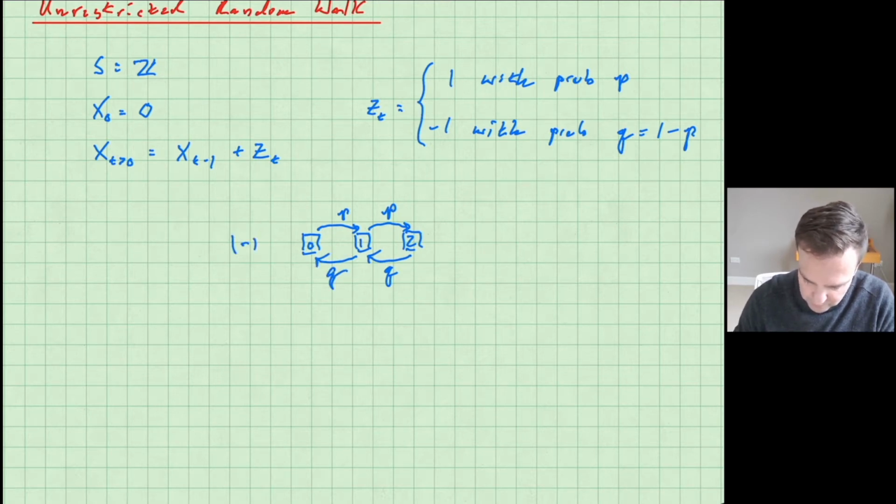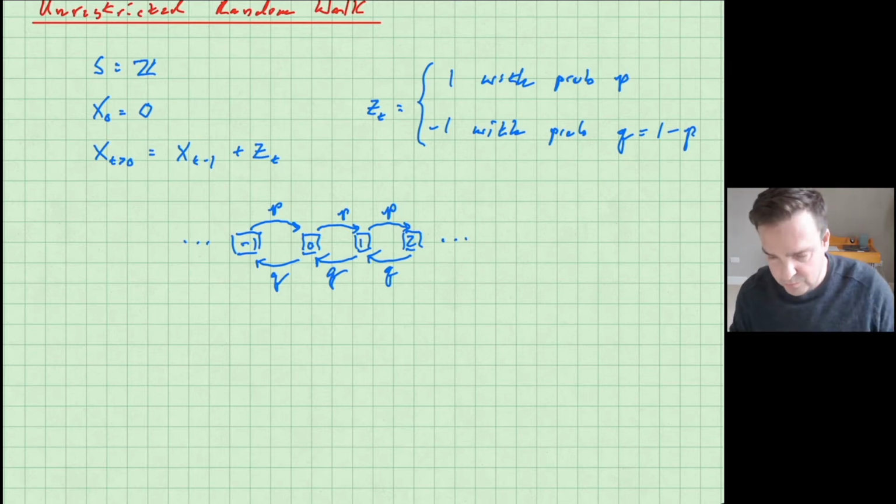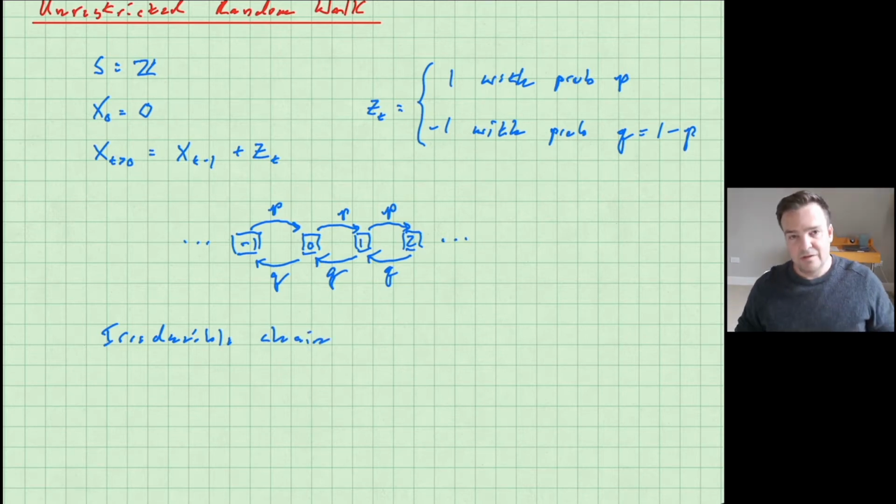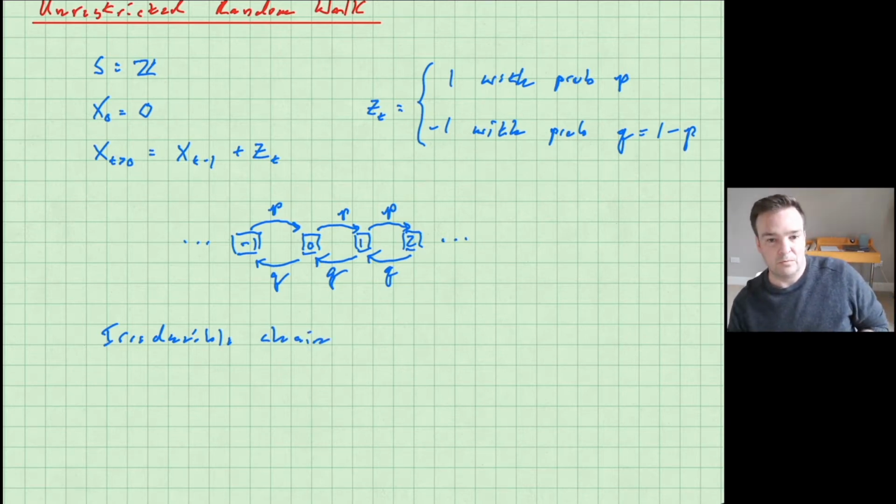So minus 1 is over here. And I think you should be able to see from this that this is going to be an irreducible chain. Every state is accessible from every other one.